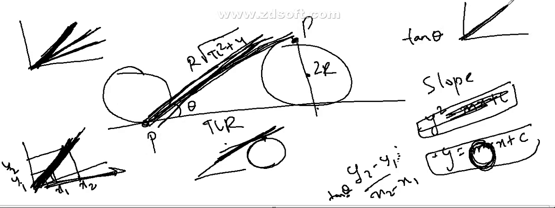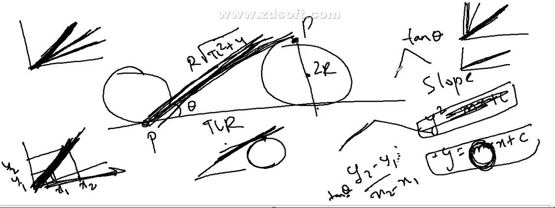Now see, if the tan theta value becomes more and more, that means the slope is severe. You have a hill, and this is another hill. Which is easier to climb, this or this? Second one, sir. Why? Because the slope is less here, the slope is high there.